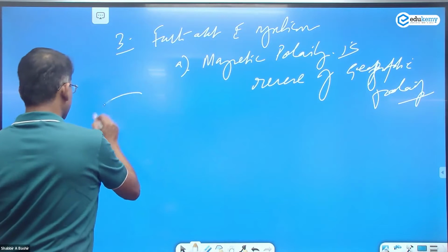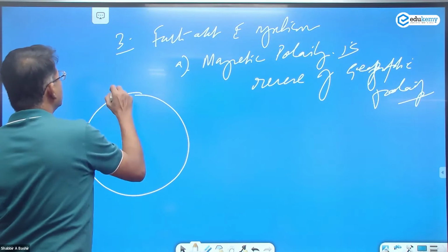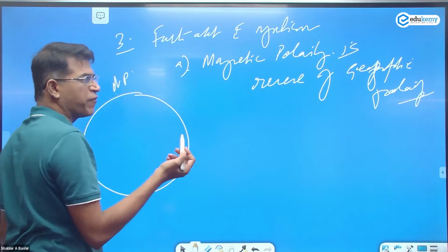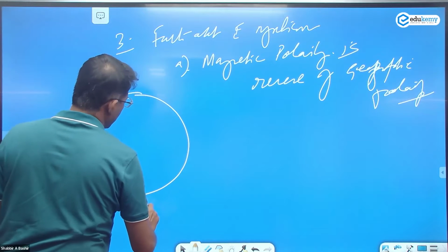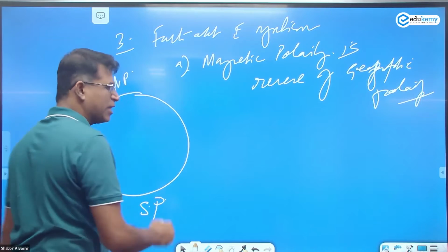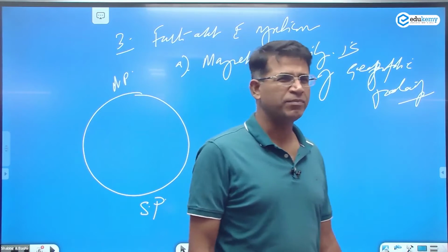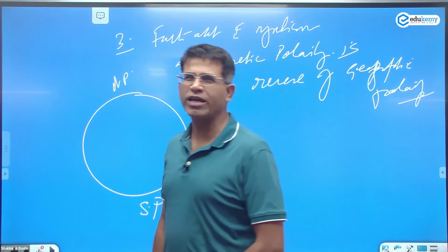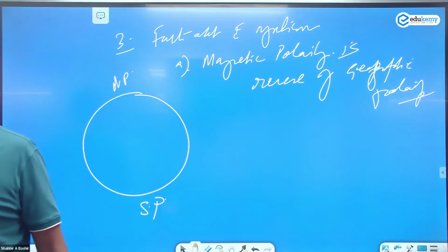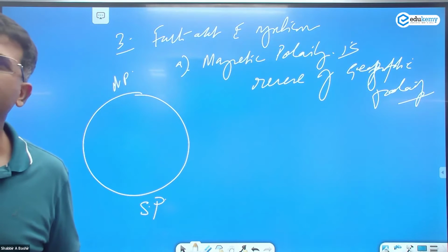What I mean by this is, Earth has a north pole, the geographic north pole, and there is a geographic south pole. By the way, what are these poles? Anybody can tell me? When I say geographic north and geographic south pole, what is that place?